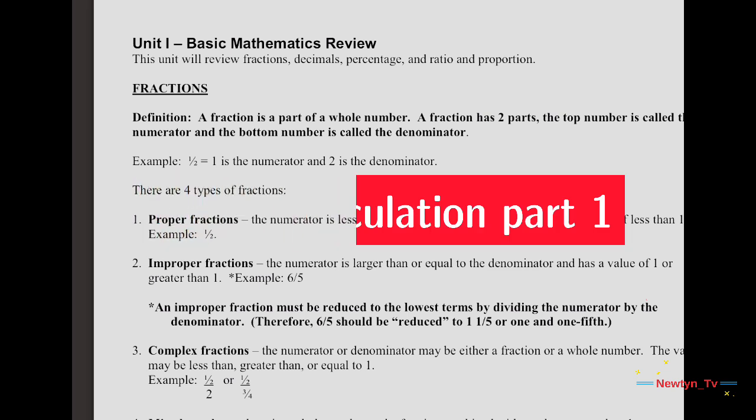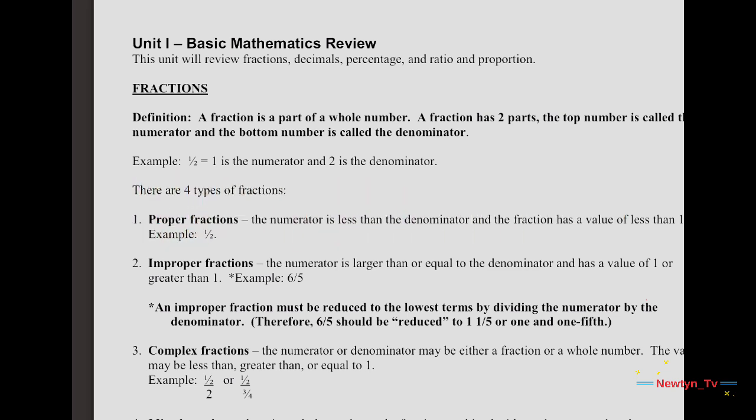So this is part one of the dosage calculation, and in this video I'm going to take you through some basic mathematics review. The reason why I'm doing this is sometimes people understand the question that they are working on, but how to go about it is very difficult for them.